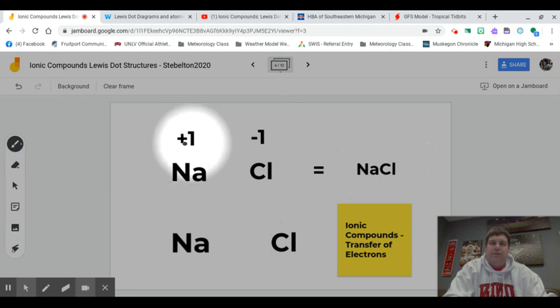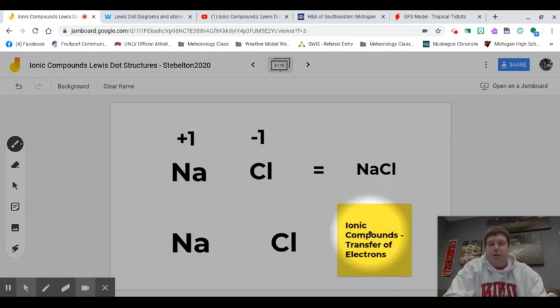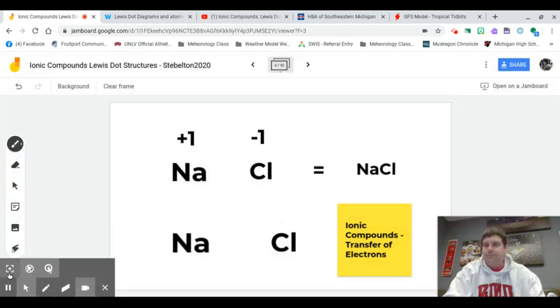Again, because +1 and -1 would give you a net charge of 0. So this would be a neutral compound already. Ionic compounds are the transfer of electrons. Again, that's the key word for today. The electrons are going to be shown to be transferred. So I'll show you that with the Lewis dot structures.